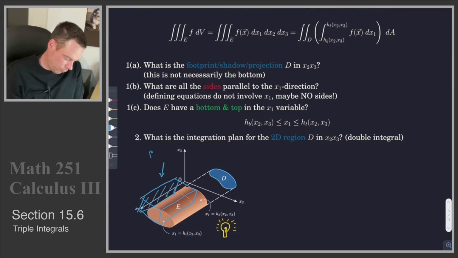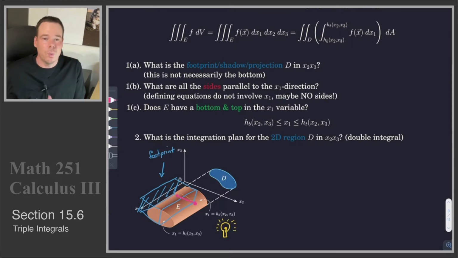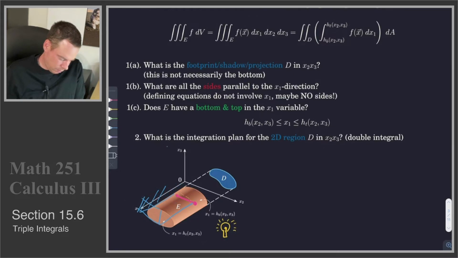So this would be the footprint if I was to do an x2 first integral. If I do an x2 first integral, I'm integrating in the x2 direction first, and then I'd have to figure out what are the values in the x1 and x3 plane that I have to sweep over. That's this footprint. And so I just check to see if those are things that I can work with. Are those equations that are easy to deal with?